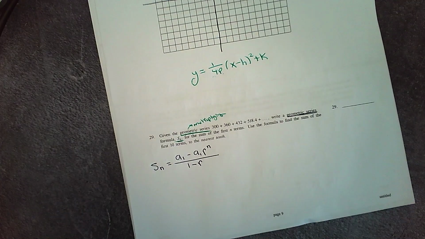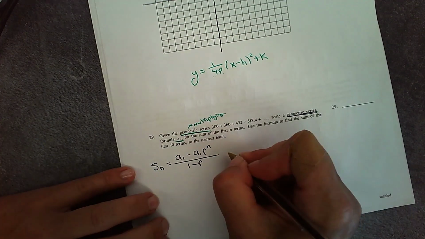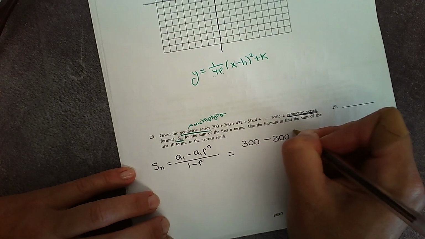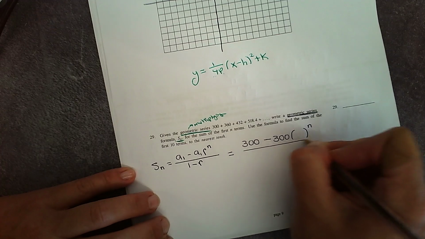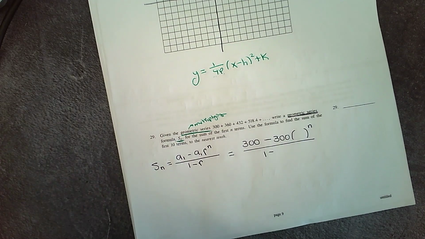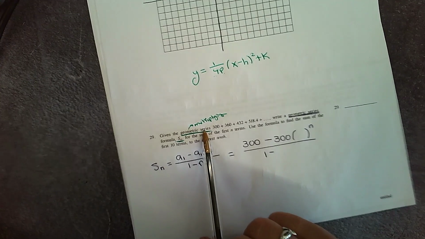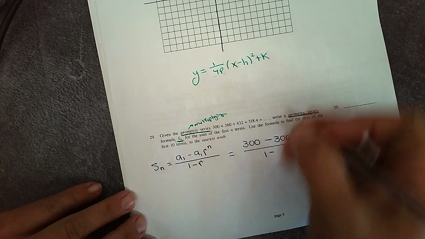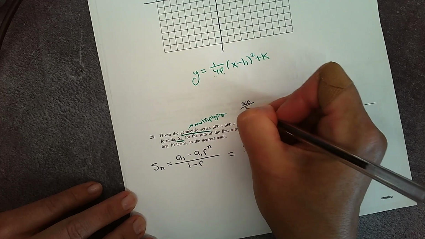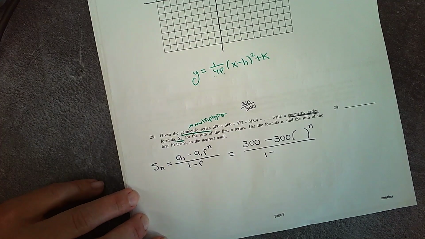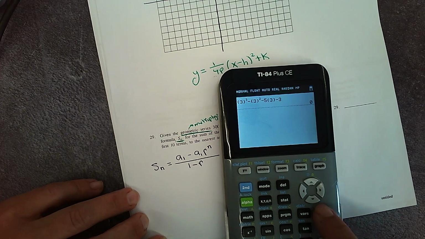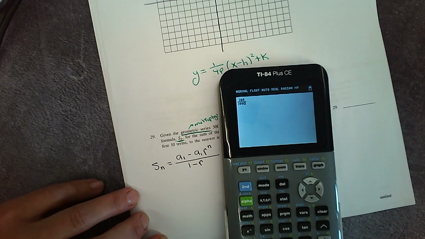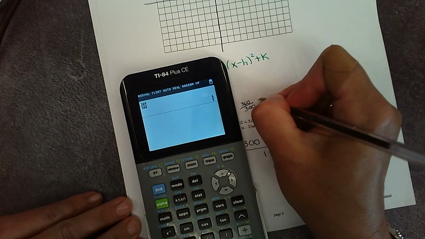Okay. Now, A1 just means the first number. So we're going to do 300 minus 300, over 1 minus r. Now, remember when I talked about a geometric earlier? We do the second number divided by the first number, right? So I'm going to do it over here. 360 divided by 300. I'm going to put that in my calculator. 360 over 300 is 6 over 5.